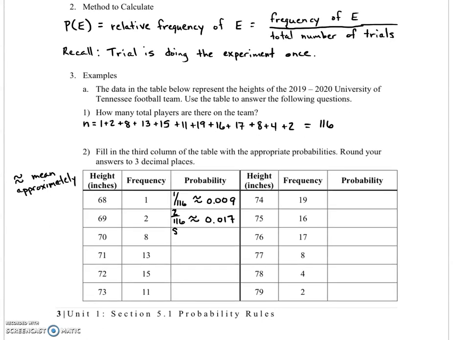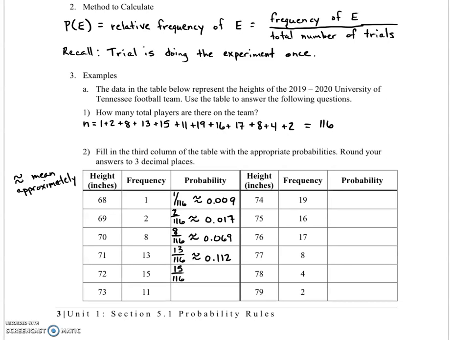Then we have 8 out of 116, which is approximately 0.069. 13 out of 116, which is approximately 0.112. At this point, you should pause the video and try to fill in the rest of these probabilities on your own, and then restart the video and see if you got it right.